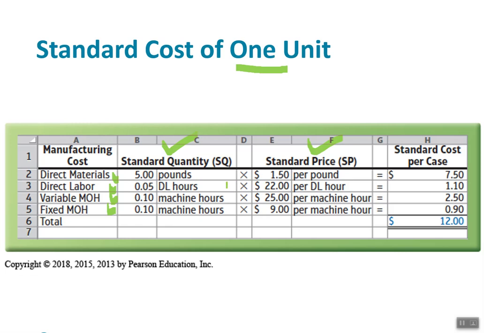And so we're just going to take the standard quantity times the standard price, and it'll give us these standards. Now we'll refer back to this information when we do the different variances. But for right now, just understand that our standard cost for one case of making tortilla shells is $12.